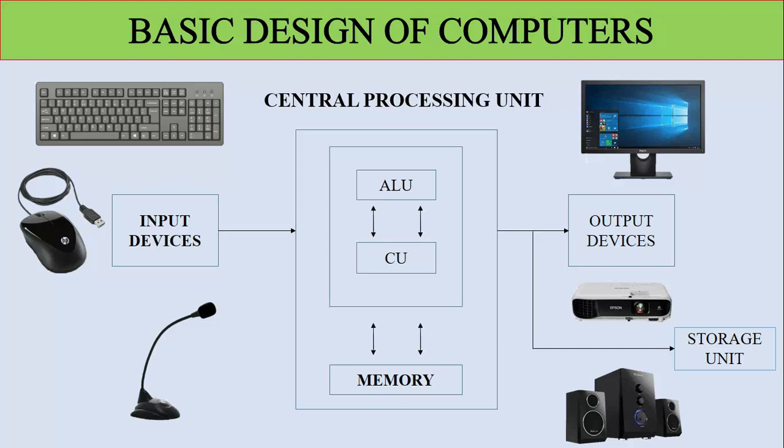Next is input devices or input unit. This unit of the computer allows it to receive data and instructions and usually consists of a keyboard, mouse or touchpad, microphone and many more.